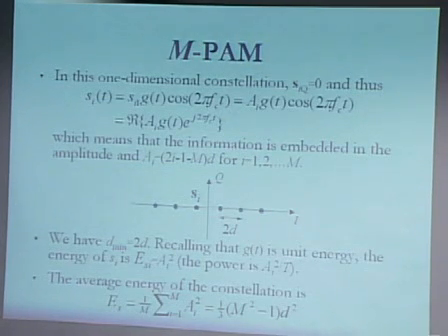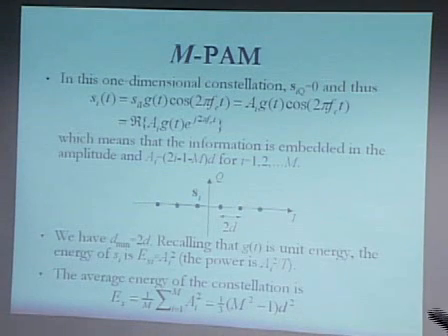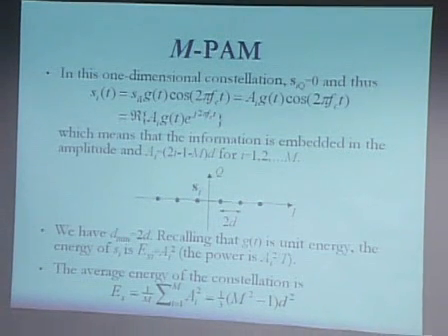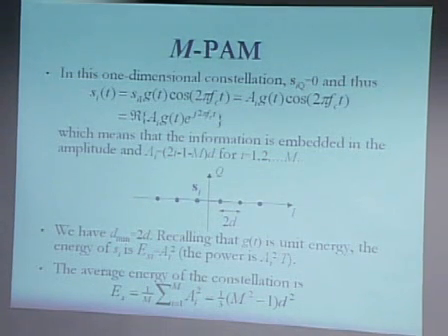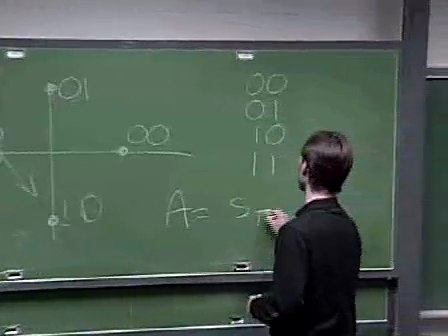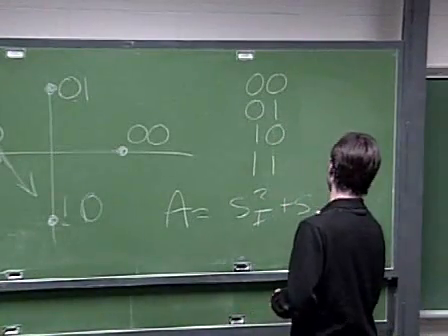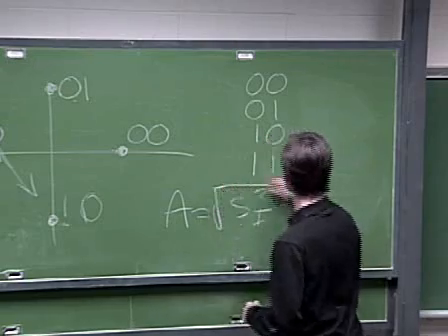MPAM. This is just a cosine, right? This MPAM has only in phase, has no quadrature, so there's no sine. We have only a cosine. And remember that the amplitude is equal to the square root of the in phase squared plus the quadrature squared.